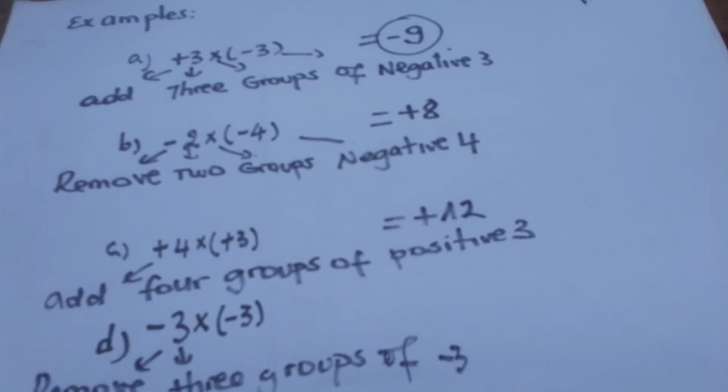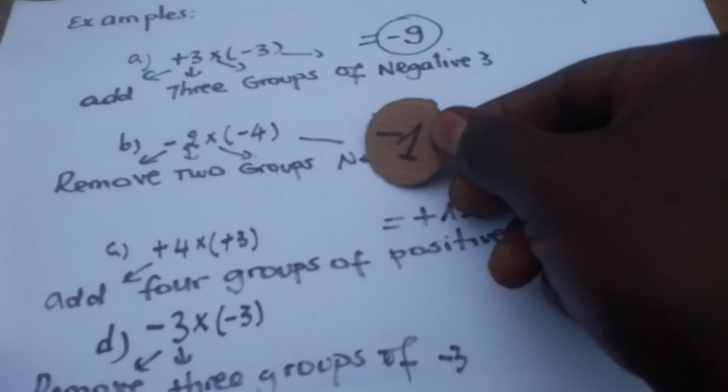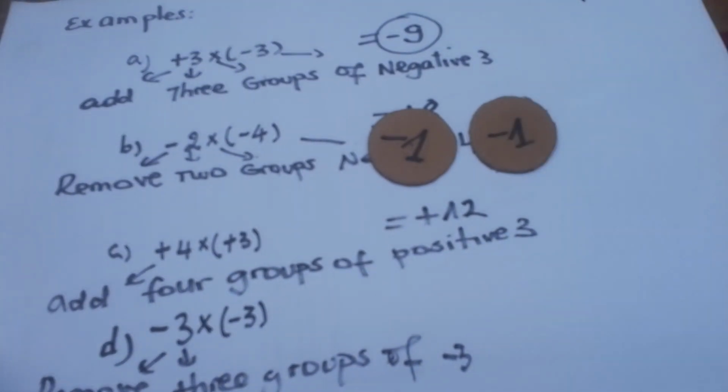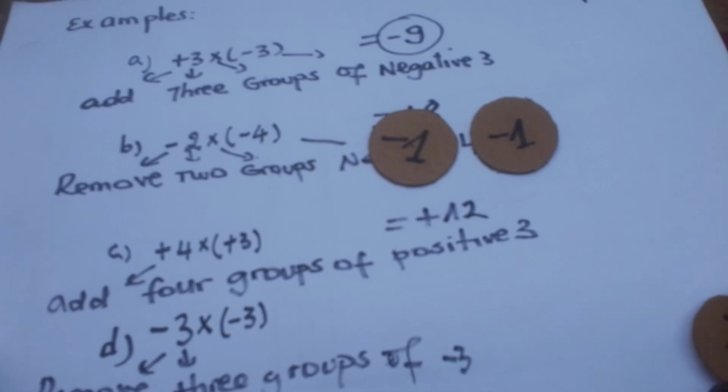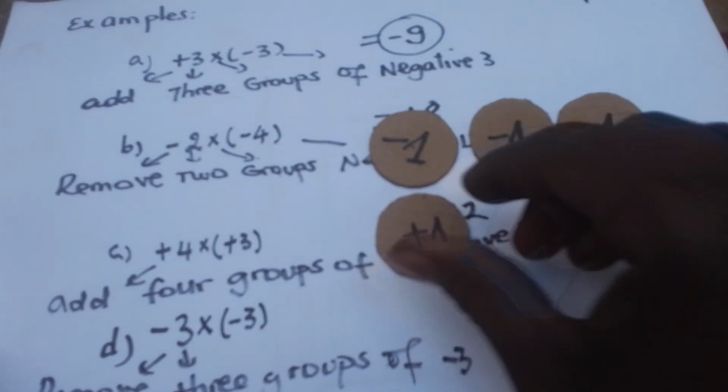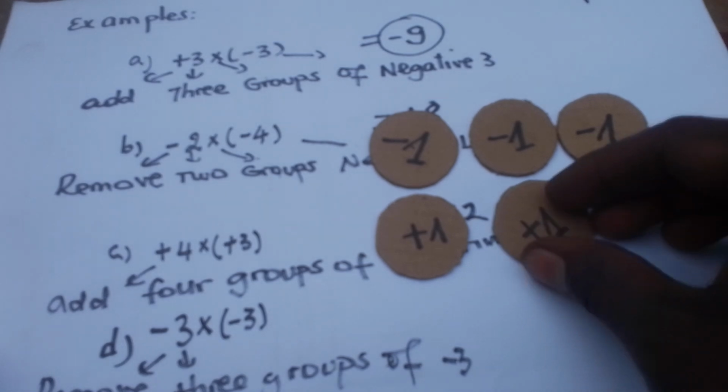Now, to remove 3 groups of negative 3, we have to use 0 pairs. This is one group of negative 3. I have to introduce 0 pairs.